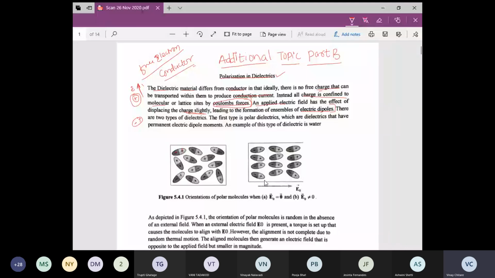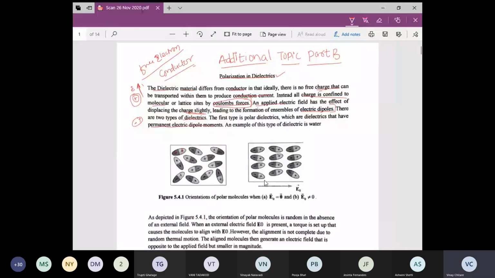Now we say that there are two types of dielectric. The first one is called polar dielectrics, which are dielectrics that have a permanent electric dipole moment.